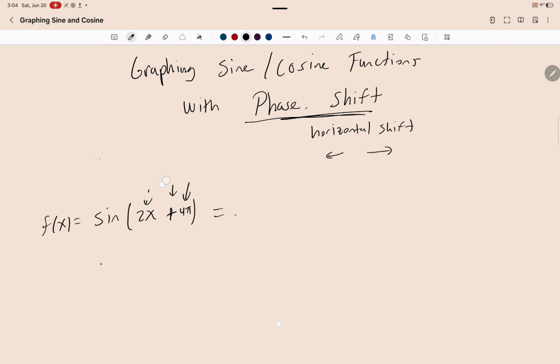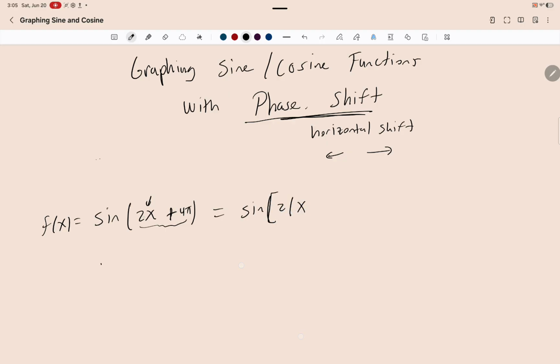But before we begin, from now on, every time you have a sine function with two things happening inside of it, you're going to factor the coefficient of the x so that the coefficient is 1. In this case, there's a 2, so I'm going to factor out the 2.